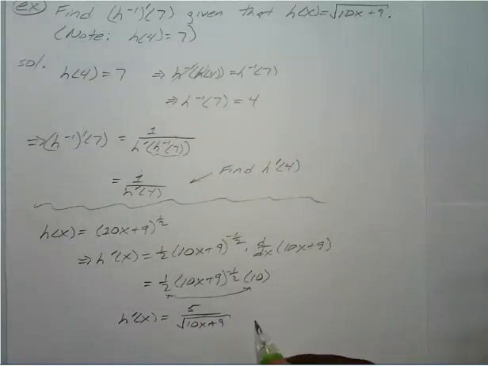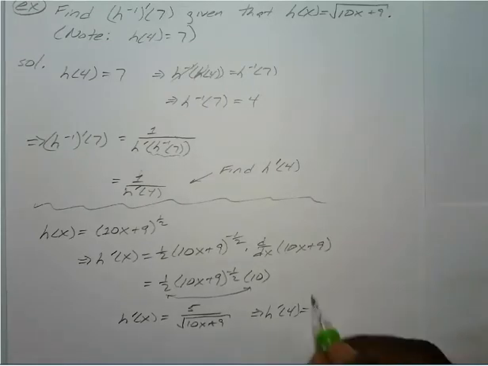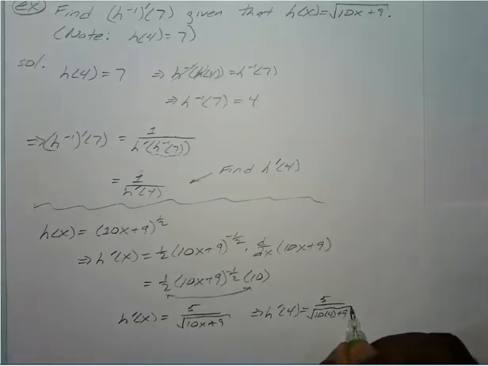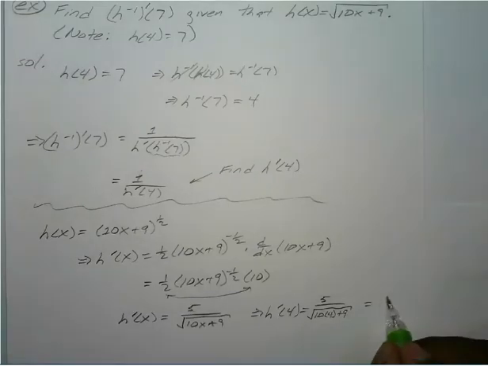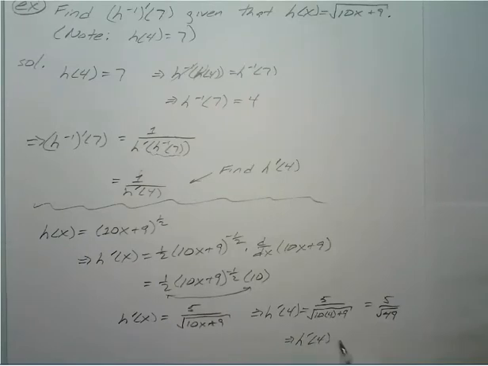Now at x equals 4, you have 5 over the square root of 10 times 4 plus 9, which ends up being 5 over the square root of 49. So your h prime at 4 is equal to 5 over 7.